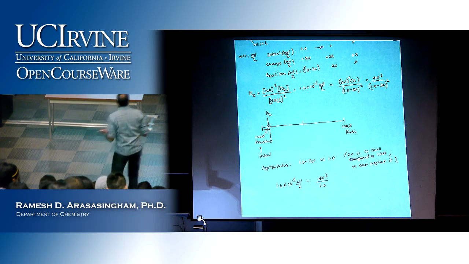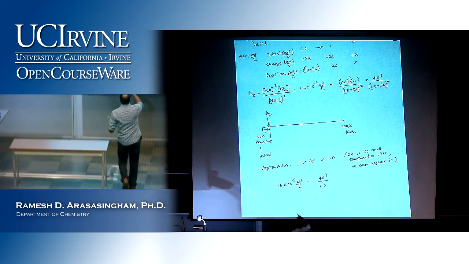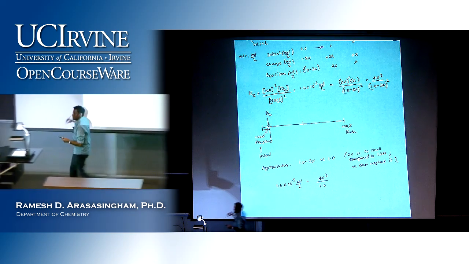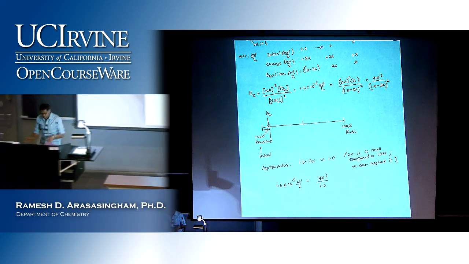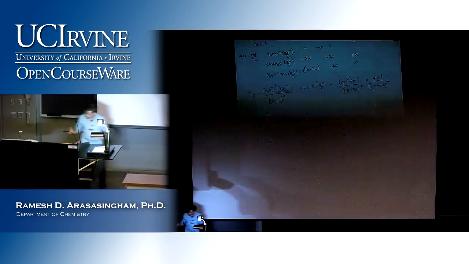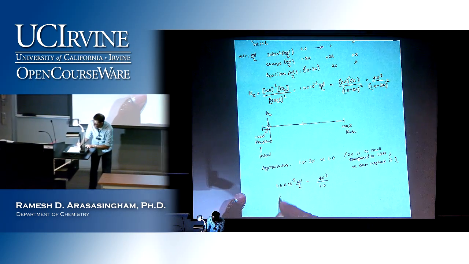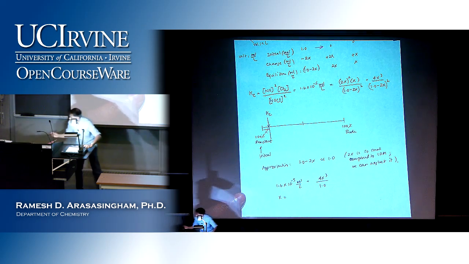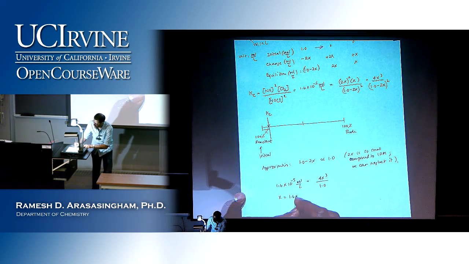All right? Now all I have to do is divide this number by 4 and take the cube root of that. And so if you work that out, so if you solve for x, x comes out to be 1.6 times 10 to the negative 2 molar.